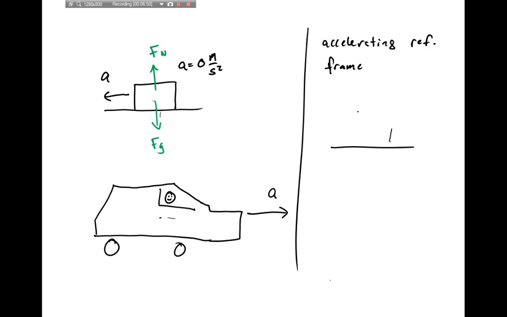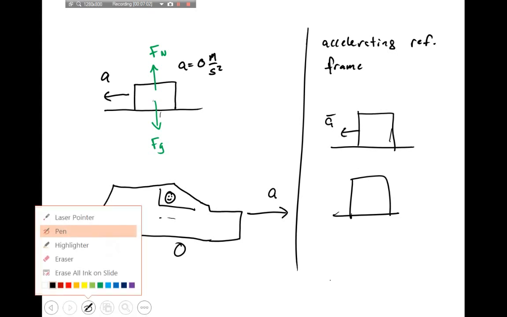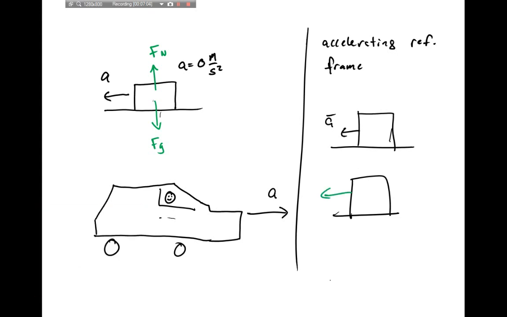I see this box, and it's accelerating to the left. So if I try to apply Newton's laws to this box, I would say, well, there must be some force that's pushing this box to the left. But of course, there really is no force pushing this box to the left. This is not what is happening, okay? This is wrong here, okay?